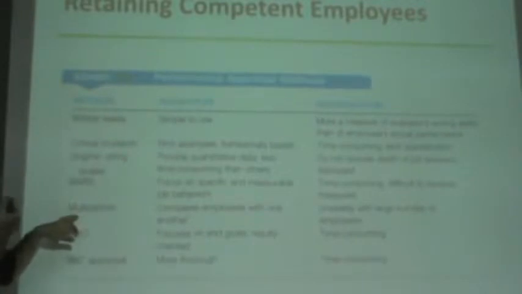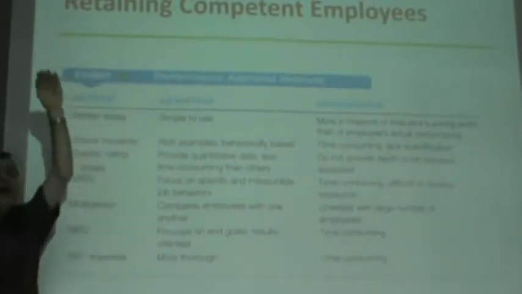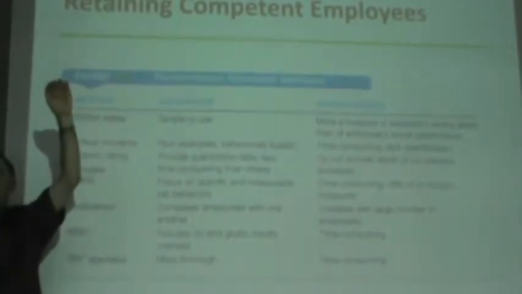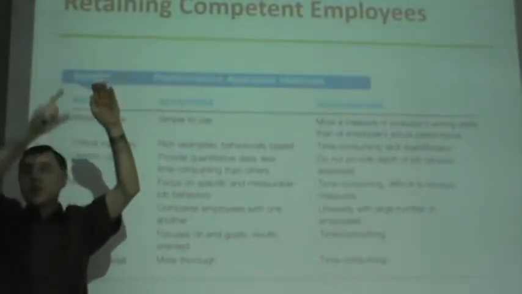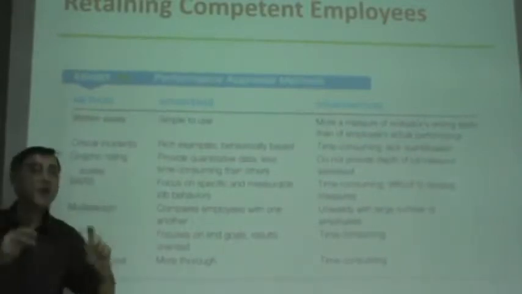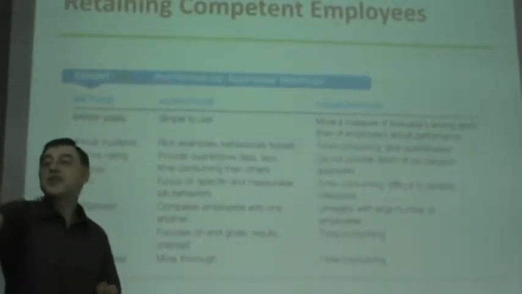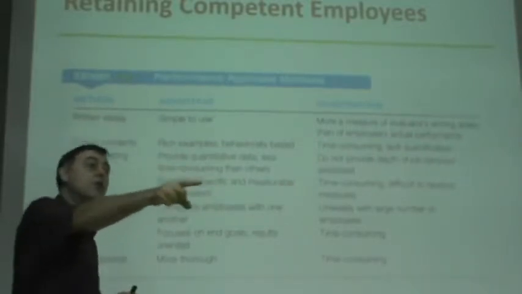And there's one other method which is called multi-person. And multi-person is very simple. You got, let's say, 7 waitresses. You compare first to the second, first to the third, first to the fourth. You compare every waitress up against every other. And you say, oh yeah, she's better than this. Oh yeah, she's better than this. Oh yeah, he's better than her. Oh yes.